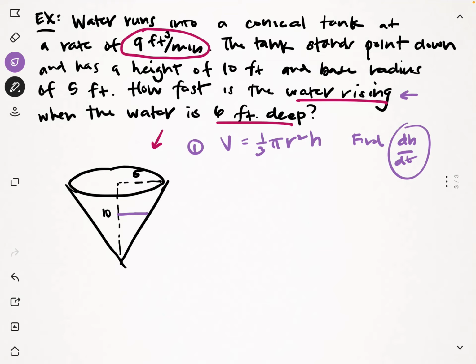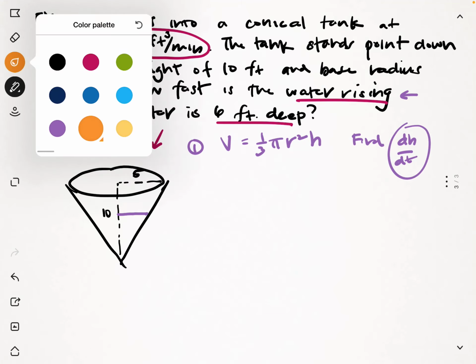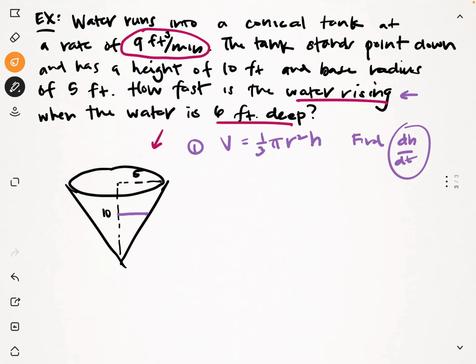Well, let's go ahead and do the derivative first. Let's derive V equals 1/3 pi r squared h. We're going to take the derivative with respect to t. And really, we did this last time, but we'll do it again. It's a product rule, because we have r squared times h.